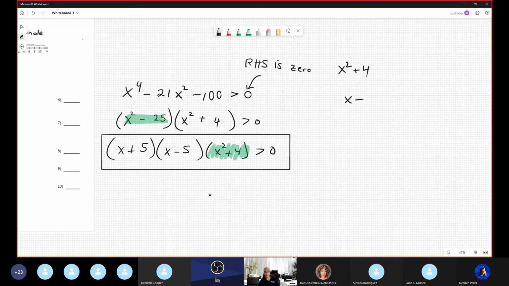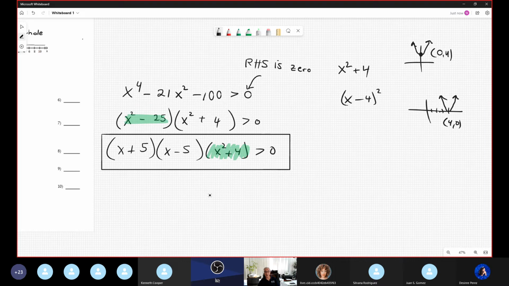For example, this parabola is something like that. Now the vertex is here at 0,4 because the transformation plus 4 outside represents the vertical shift. However, this is a horizontal shift. In this case, 1, 2, 3, 4, it is like that. This vertex is located at the point 4,0.